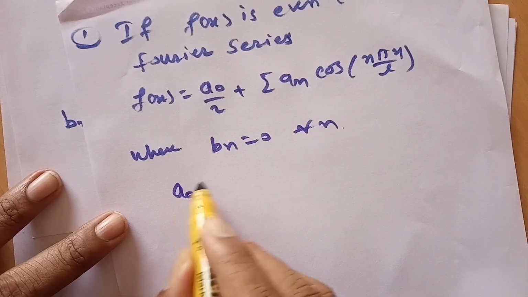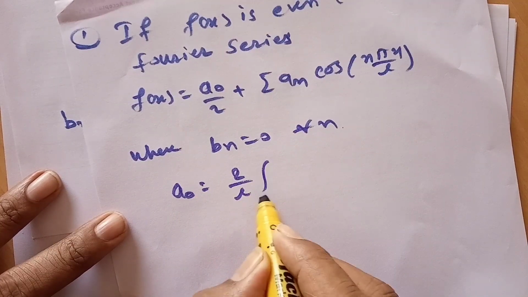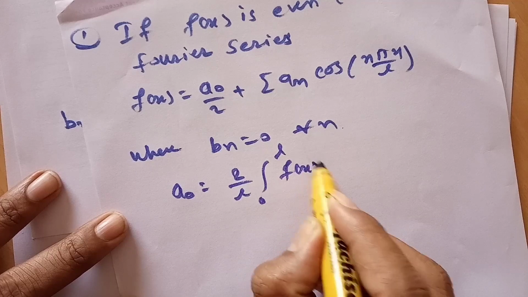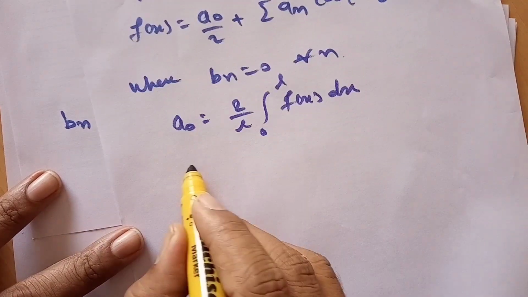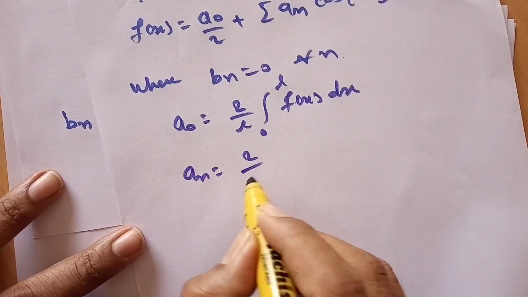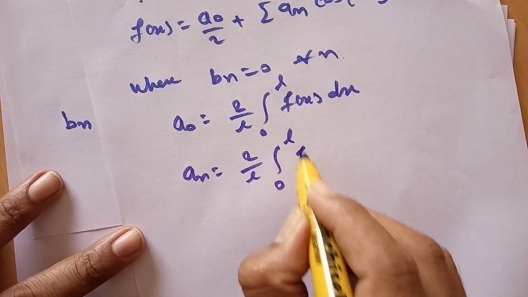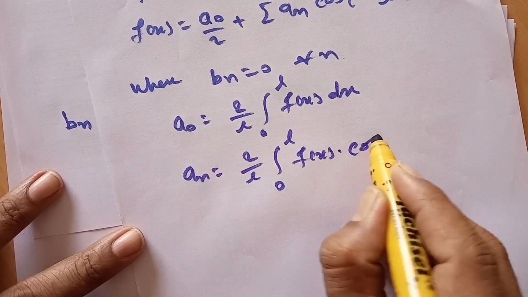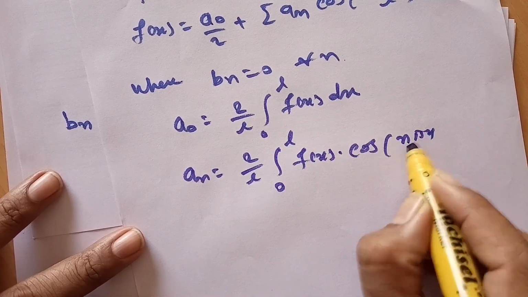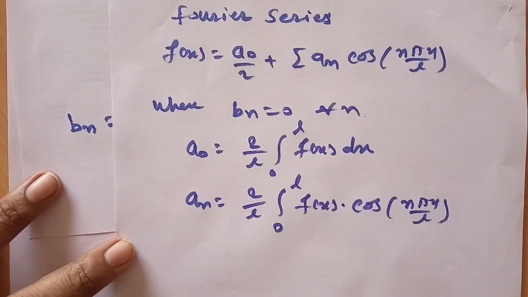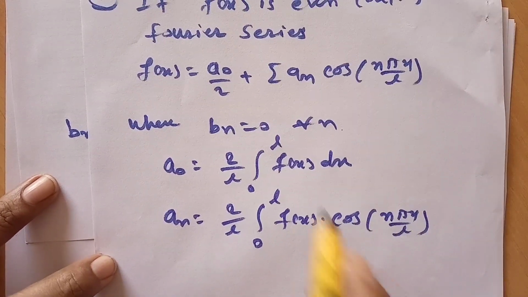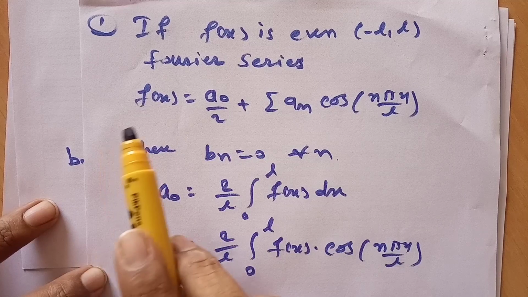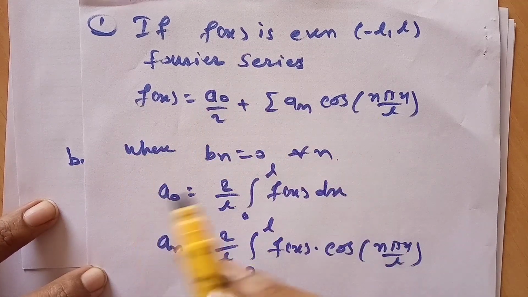And a0 we can write as 2 divided by L, integration 0 to L of f of x dx, and an we can modify to 2 divided by L, integration 0 to L of f of x into cos of n pi x divided by L dx. Calculating these values and putting them in this formula, we get the Fourier series expansion for an even function.